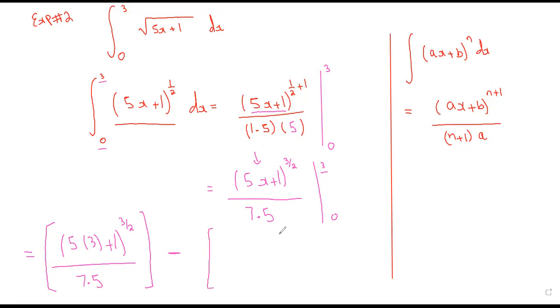And again, I am going to do the same thing with the lower limit. 5 into 0 plus 1, whole power 3 by 2 divided by 7.5. So I want you to simplify both the terms. What would be the answer for this one?